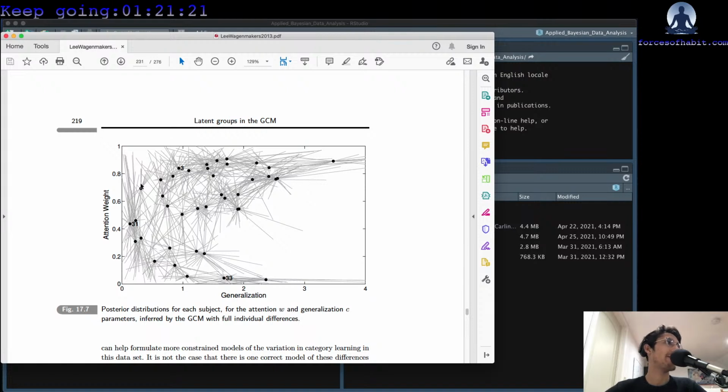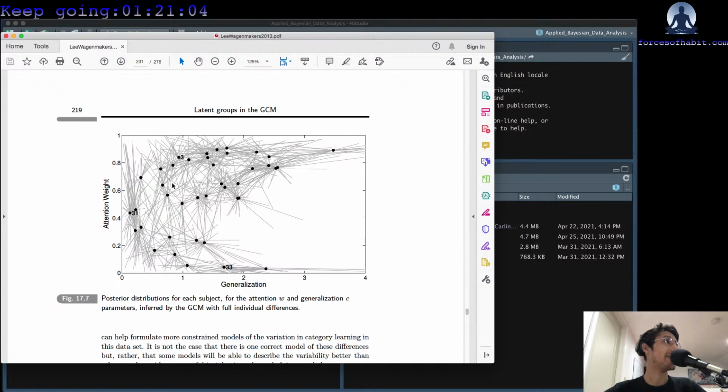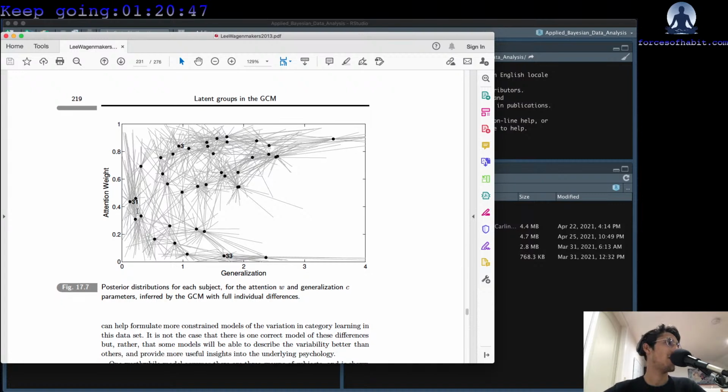Now, one interesting pattern that we noticed in the joint posterior distribution between weights and the generalization was that we had these potentially distinct clusters of how individuals classified the stimuli, with individual 3 having one pattern of responses, 33 having another pattern of responses, and then 31 being quite all over the place.